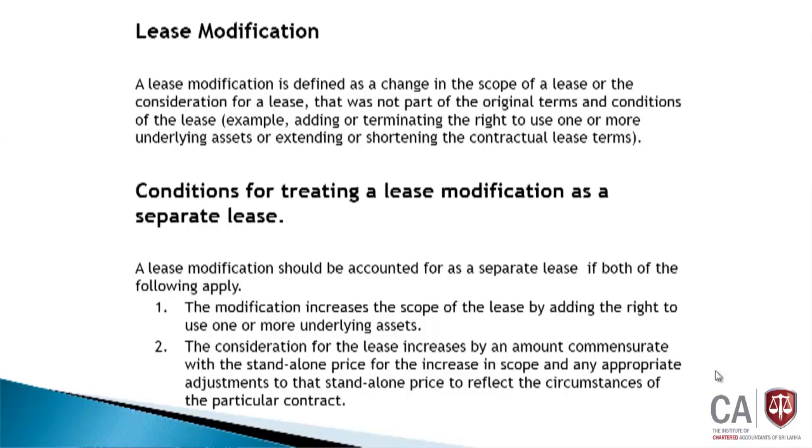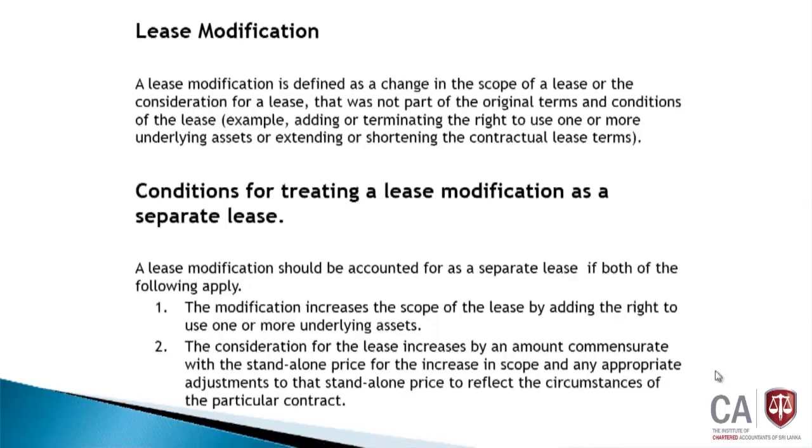If it is a decrease in the scope, remember it is not considered to be a separate lease. It is obvious, no. If it is decreasing, it cannot be a separate one, you have to decrease the scope of the same lease, but it has to be only an increase in the scope of the lease. The consideration for the lease increases by an amount commensurate with the standalone price for the increase in scope and any appropriate adjustments to that standalone price to reflect the circumstances of the particular contract.